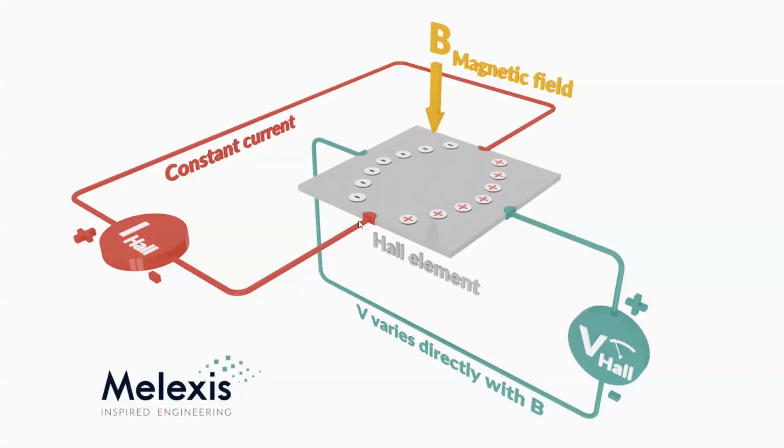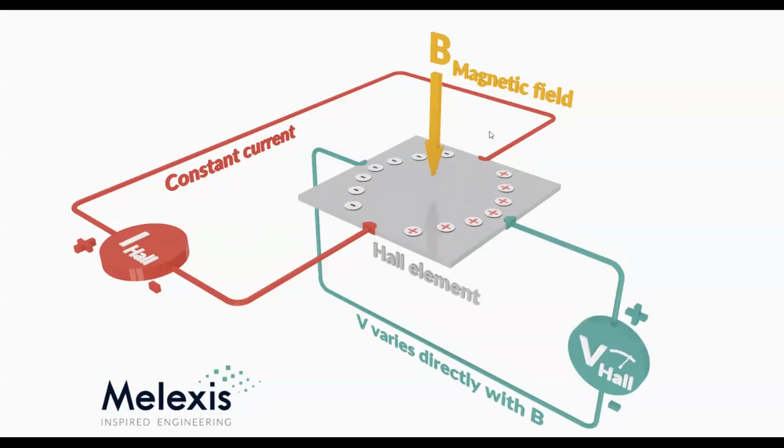And yeah, so the Hall effect is basically where you have a conductor and there's a constant current flowing through it. And then if you apply a magnetic field that's perpendicular to the current, then all the current carriers will experience a force because of the magnetic field, and they will separate.